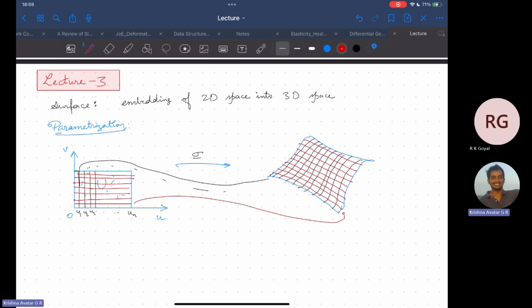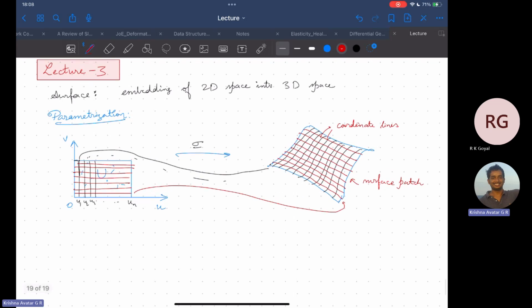So these are called coordinate lines. And this is typically a surface. Sometimes we prefer to call it a surface patch, but we'll not go into so much of technicalities. This is called a surface patch, and the collection of surface patches is what we call a surface. But we'll not go into that in this class.